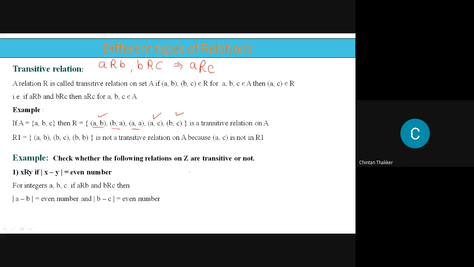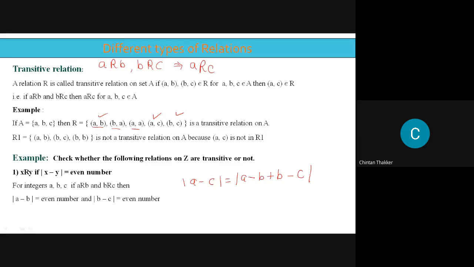Now mod of A minus C is equal to, here if we subtract B and then add B, minus C. Okay.